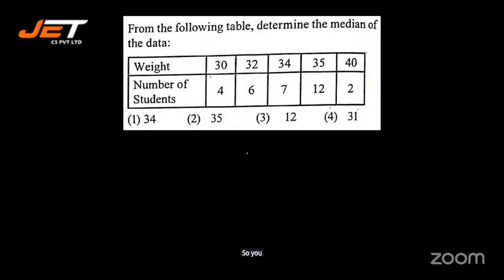So you can take your 2 minutes and then give me the answer, students. Work out because this is median. So you have weight, you have number of students, and now you need to find out the median. So quickly do it.